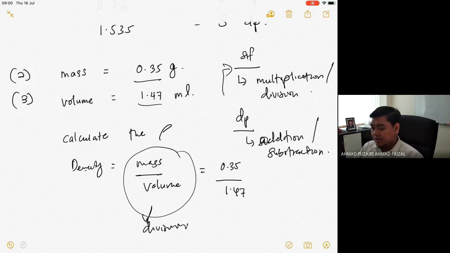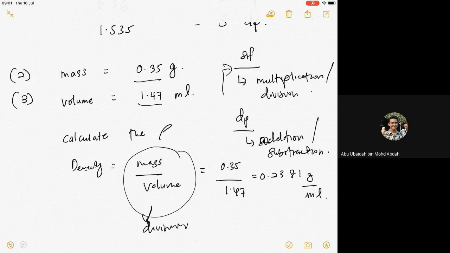Sepatutnya kena dalam kilogram per liter. Belajar fizik ni kena ada calculator. So the answer should be lebih kurang 0.2381. Saya round off kan dekat situ, gram per milliliter.